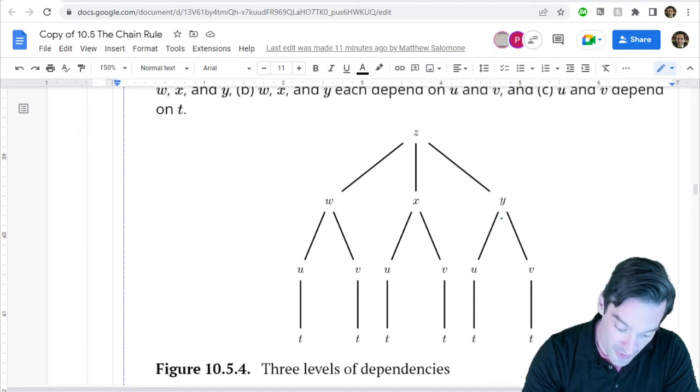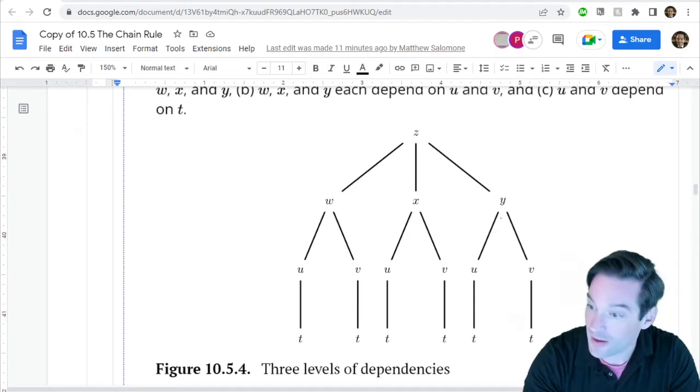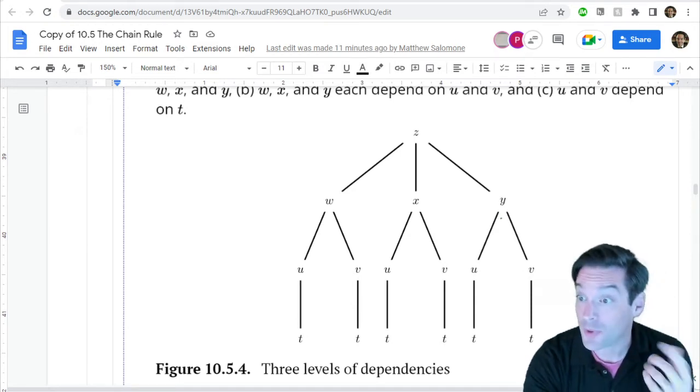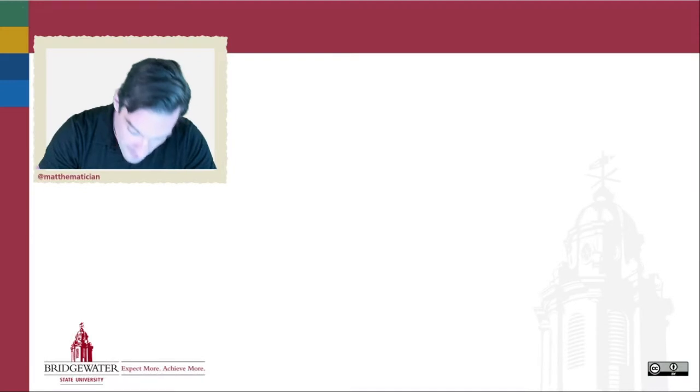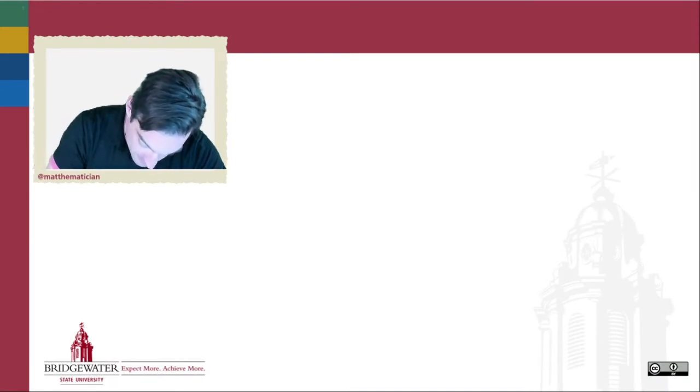Let's see how the multivariable chain rule could actually make the work that you did with this network diagram a little bit quicker.